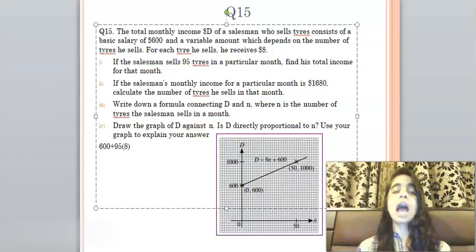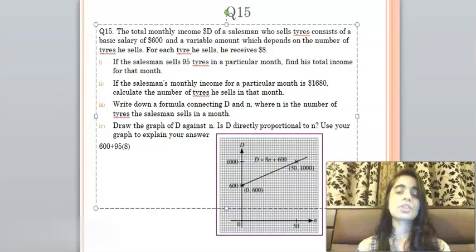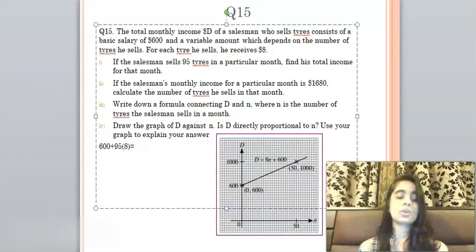So this is how we will get our answer. 600 plus 95 multiplied by $8. So this is $1,360 total. So that is his income for the month, in which month he sold 95 tires.